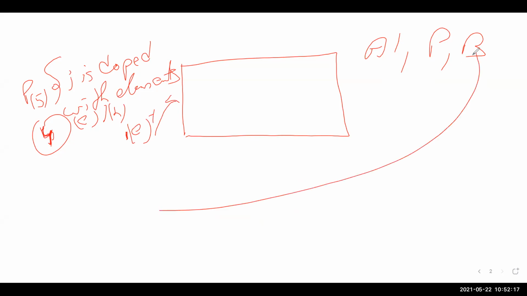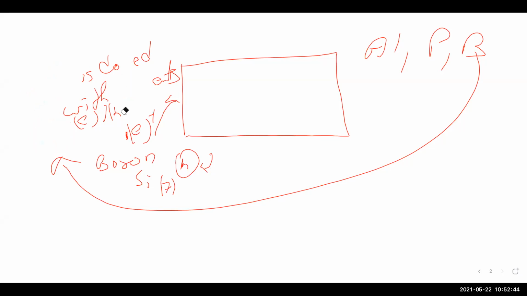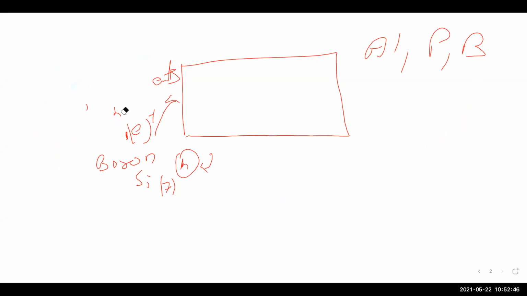And if we inject boron with silicon, there would be one hole, as the outer orbit will have only 7, so one hole will be created in this combination, ready to accept one electron. So this is the structure and function of the semiconductor.